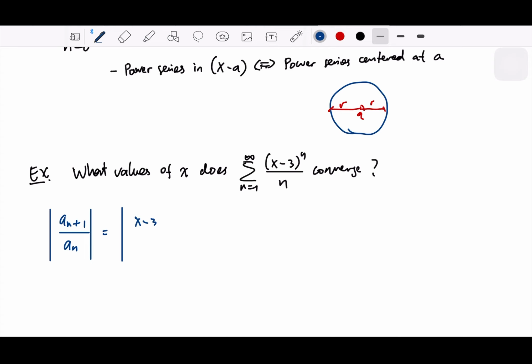So this will be x minus 3 to the n plus 1 over n plus 1, divided by a n. We will cross multiply.